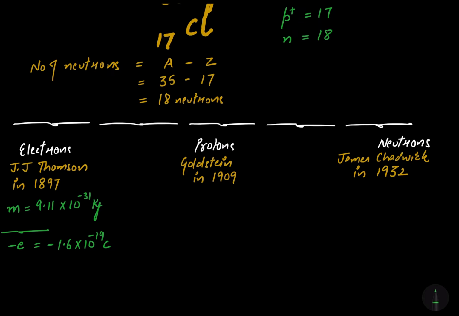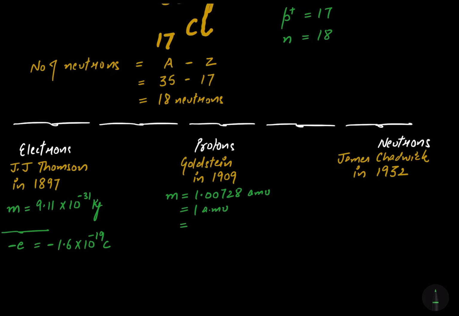Now let's talk about protons. What's the mass of protons? The mass of proton is 1.00728 AMU. You can round it off to only 1 AMU. So now what is 1 AMU?